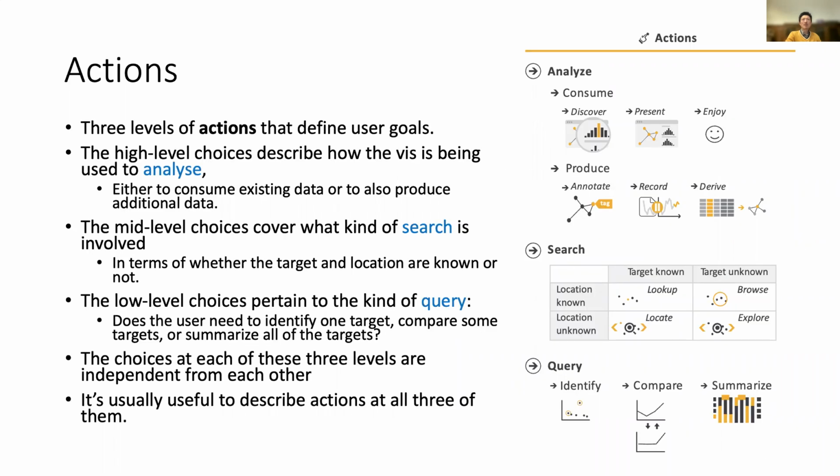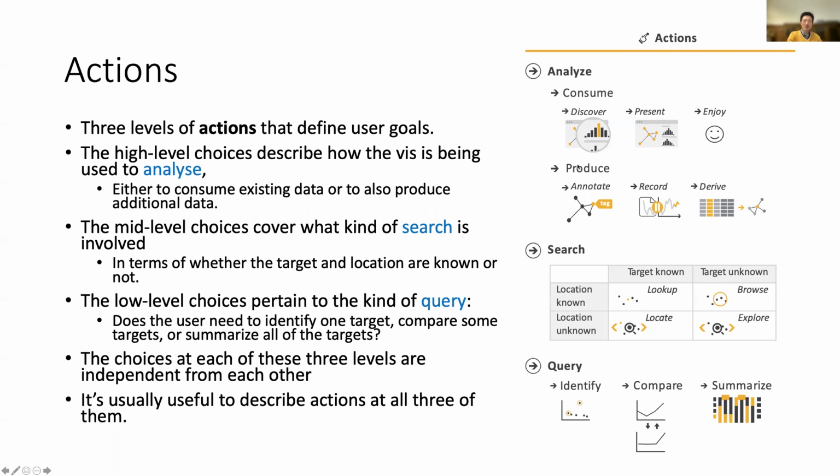Okay, so first we have the analyze part, and it has 2 parts. One is called consume, and the other one is produce. The difference is that consume is the type of analysis where you actually look at the data that's already there. It's not about consuming the visualization, but really the data that is there.